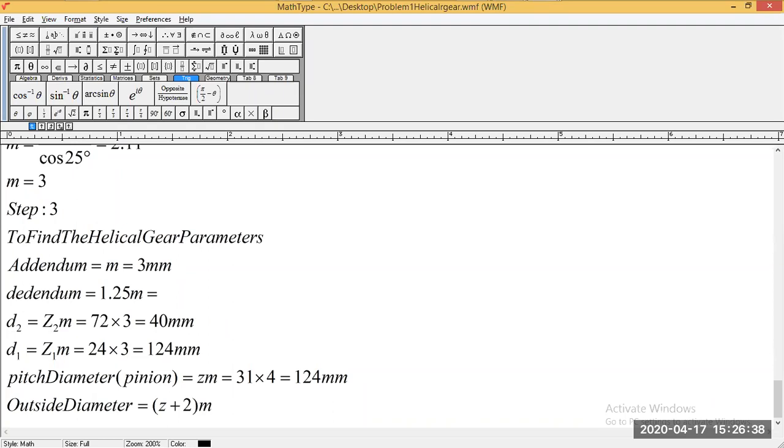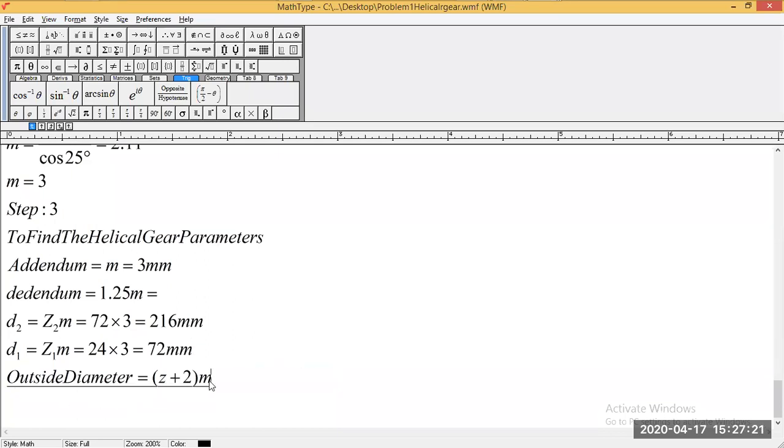So this will be 216 mm and this is 72 mm. So that is the pitch diameter for the pinion. Then let's do it for the gear, because we know the gear is the weaker member. So this will be 72 into module 3, that we have already found out. This diameter is already found.